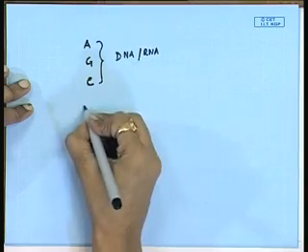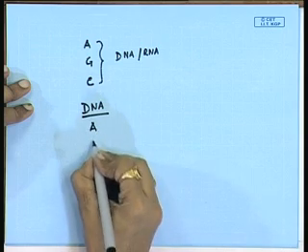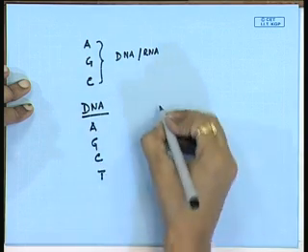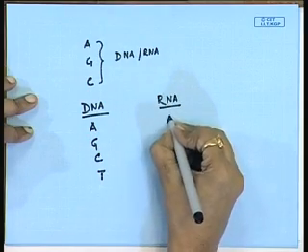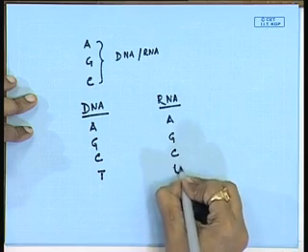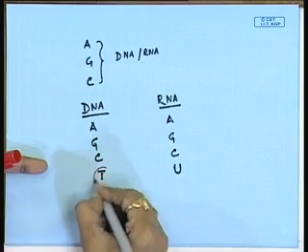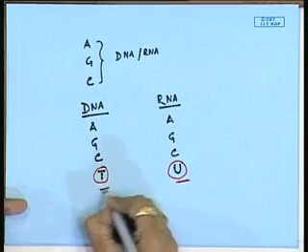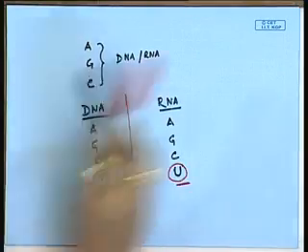Whereas when we consider DNA, we write A, G, C and T, and when we talk about RNA, we write A, G, C and U. Thymine is changed to uracil. This is the difference between a DNA molecule and an RNA molecule.